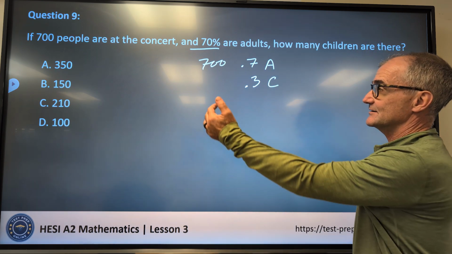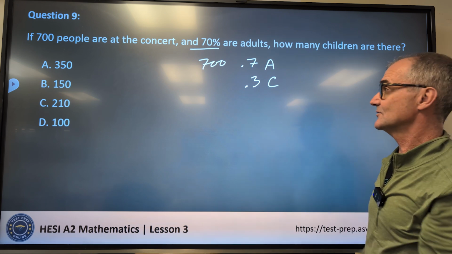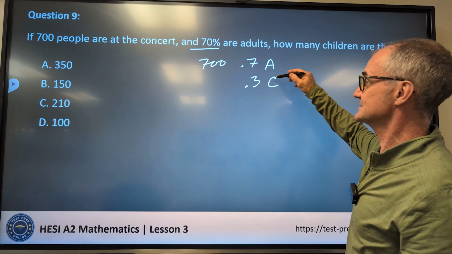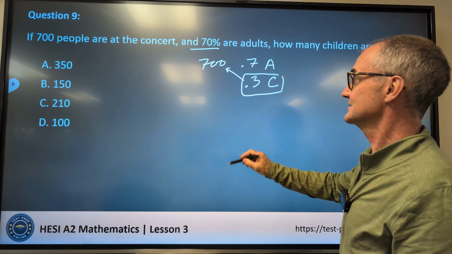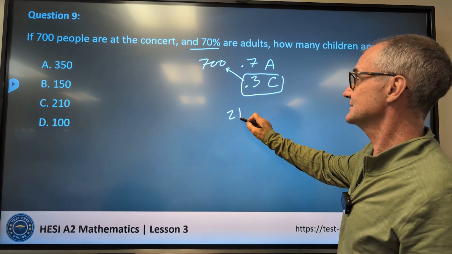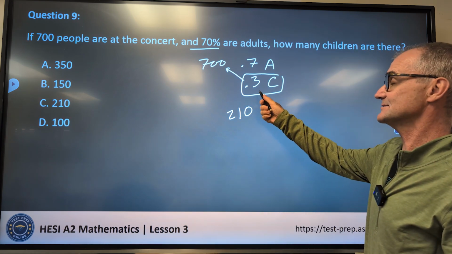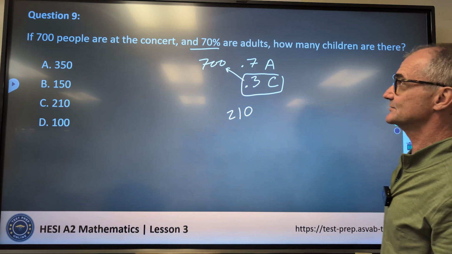So I could figure out the total amount of adults, subtract that from the 700. Or if I know 1 minus 0.7 is 0.3, I could just take that 0.3 times that 700 to get 21, right? 3 times 7 is 21. And then because of the decimal, it's going to be 210 to find the total number of children.